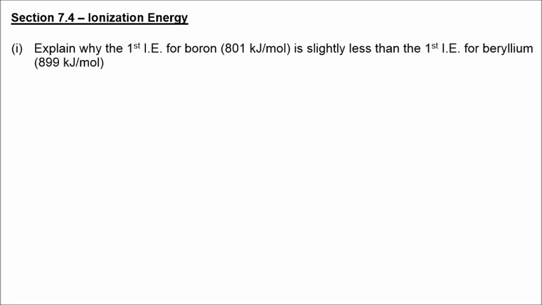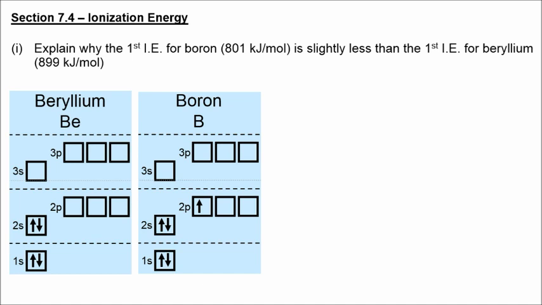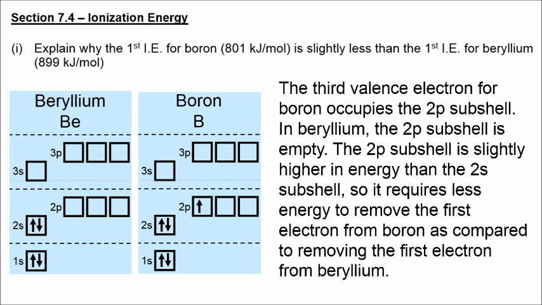The electron to be removed for boron is coming from a 2p orbital, but the electron to be removed from beryllium is coming from a 2s orbital. So the valence electron for boron occupies the 2p subshell, whereas in beryllium, the 2p subshell is empty.